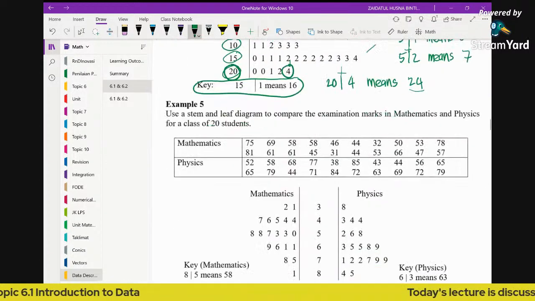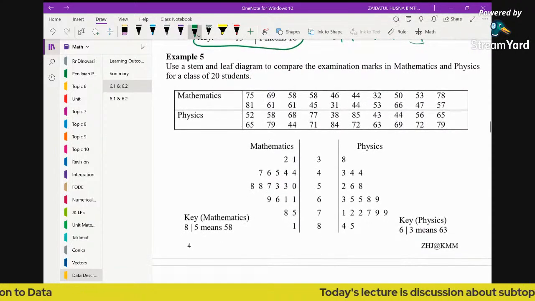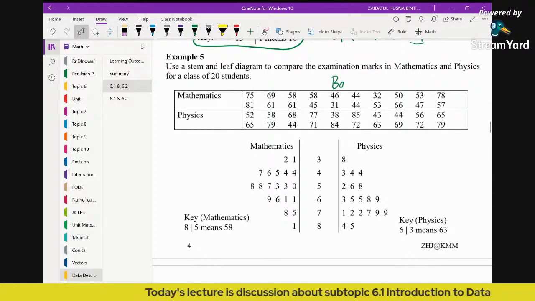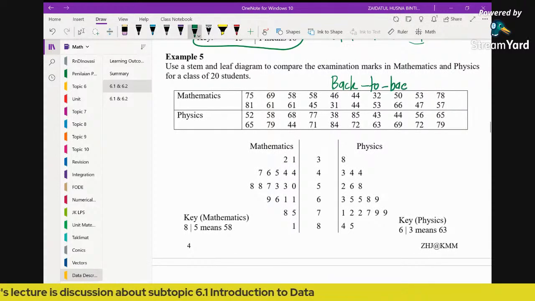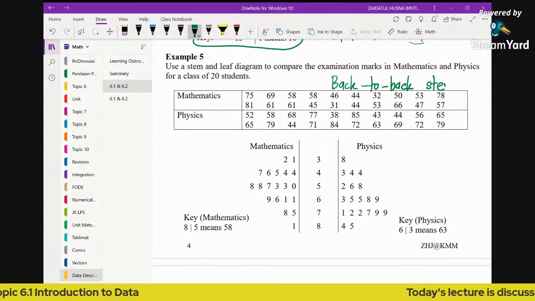Okay, so now the second type of stem and leaf is back to back. This is what we call a back to back stem plot. You use it when you have two different sets of data that you want to compare.